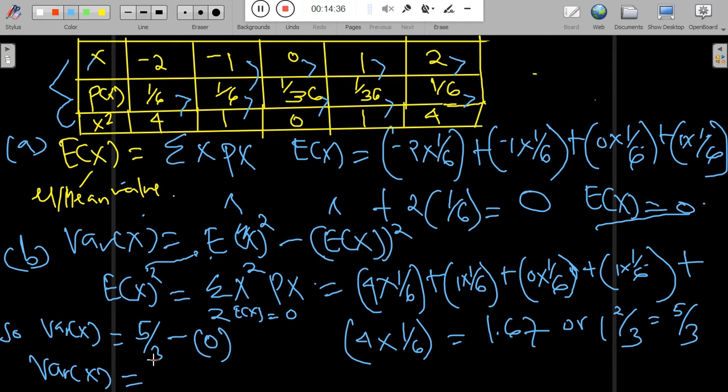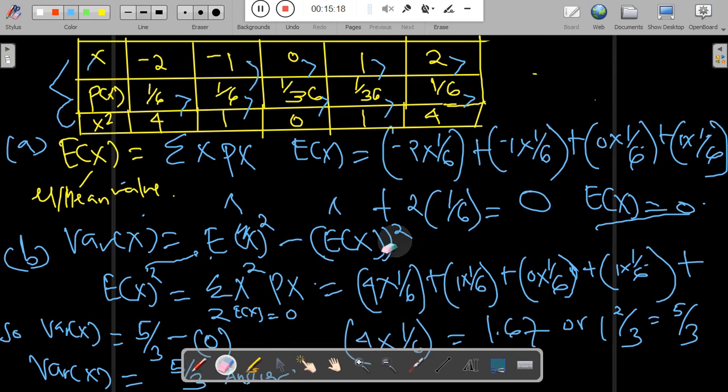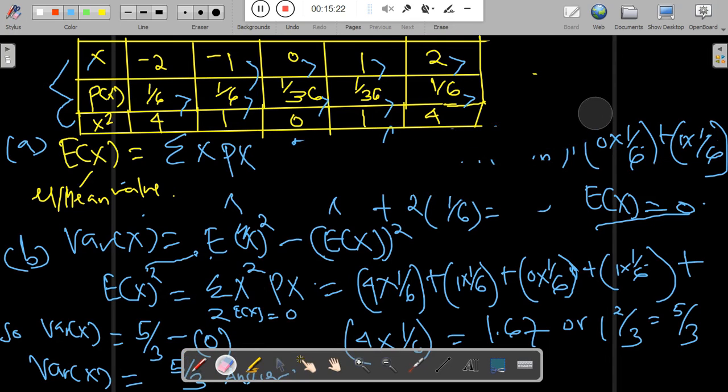So the value of variance would be equal to 5 over 3 minus 0 squared. The answer will be equal to 5 over 3. So the variance of x is equal to 5 over 3.